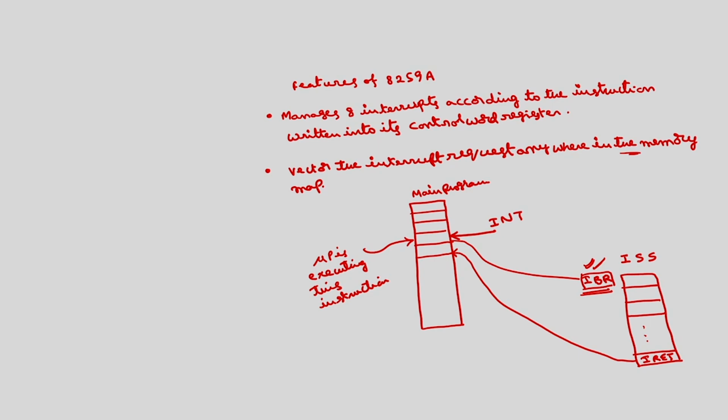This is the second feature. This address can be loaded anywhere in the total memory map, but the addresses of consecutive interrupts will be separated by either 4 locations or 8 locations.